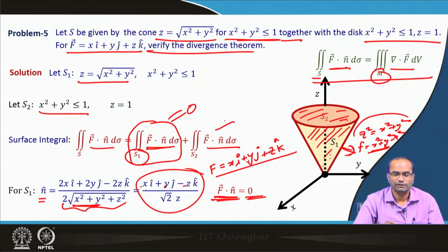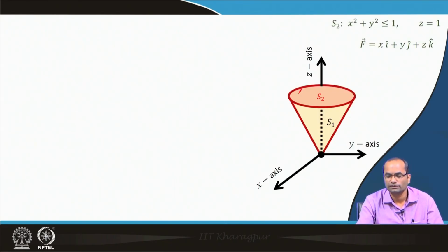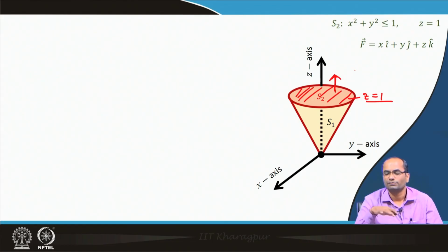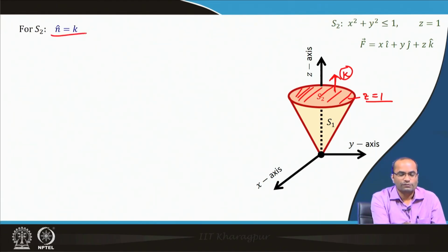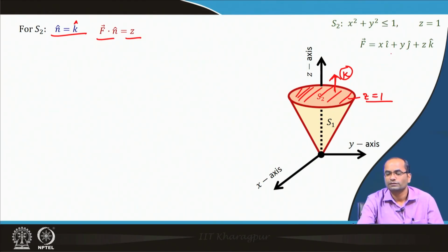The second integral we will compute now. This is our surface lying in the plane z is equal to 1, and we already know without any calculation the normal to this surface. It is the plane z equal to 1, so the normal is just in the direction of k. So, for S2 the unit normal vector is k, and f dot n is simply z, because f is x i, y j and z k.